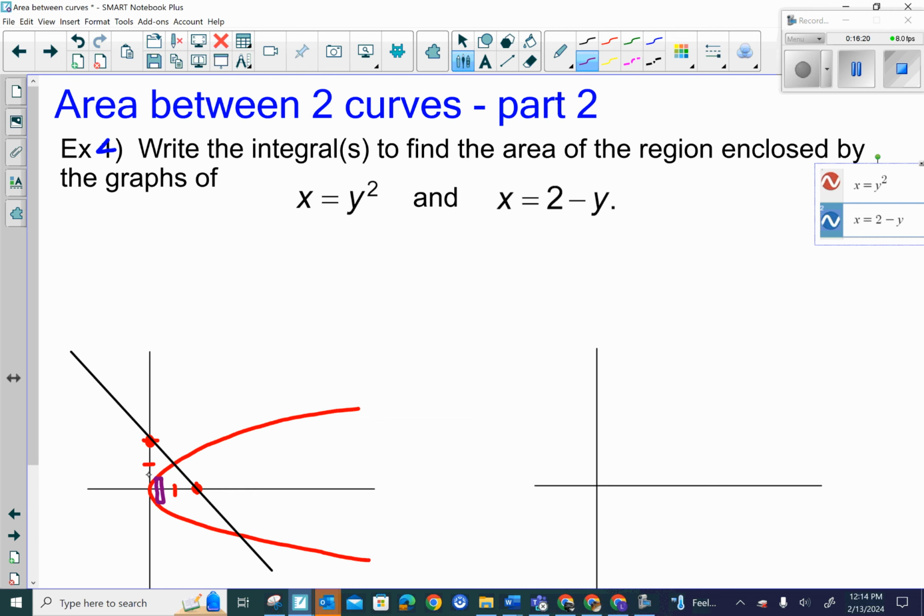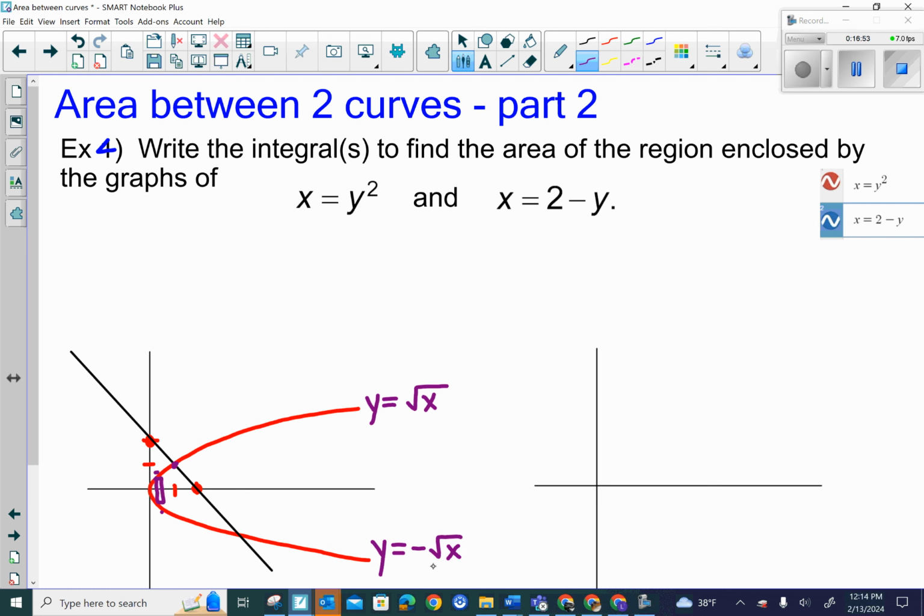And I draw a little rectangle. But I noticed something. It's going to get a little complicated after this point of intersection, or even before it, because I have the same curve being my upper and my lower. That's possible because you can identify the upper function as y equals the positive square root of x, and the lower function as y equals the negative square root of x.